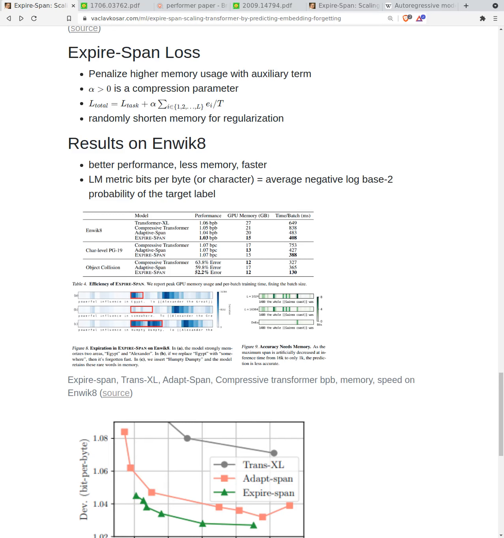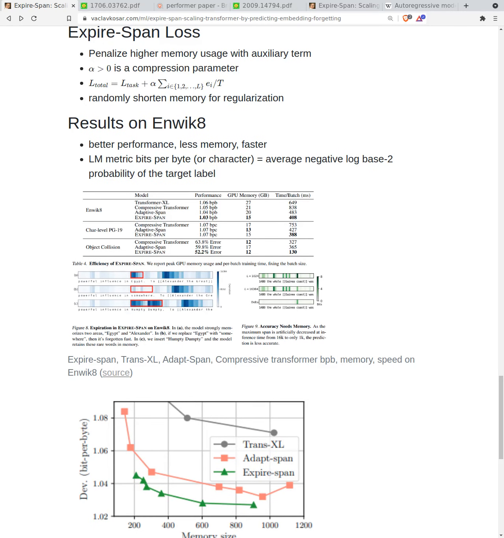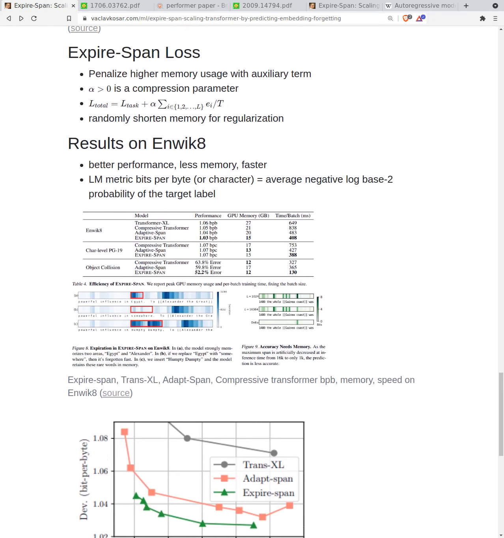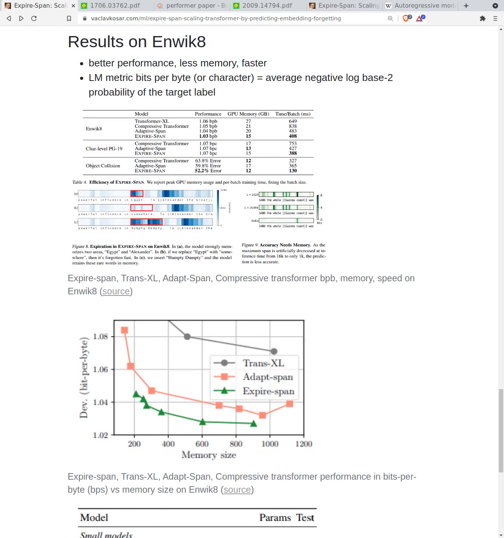They also do additional regularization for shortening the memory. Of course, you have an extra parameter alpha, a compression parameter in the loss function, which lets you configure how important it is for you to keep the memory. And yes, there will be more of these hyperparameters in this model.